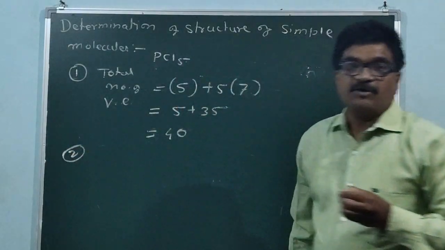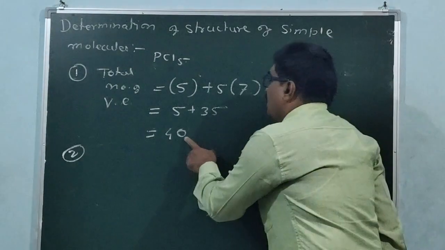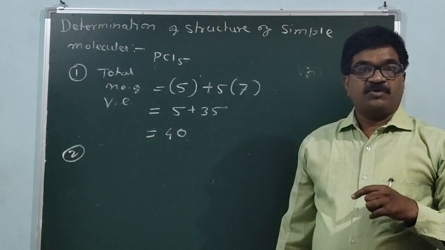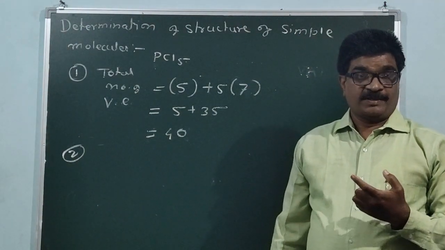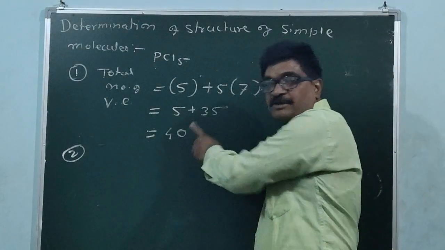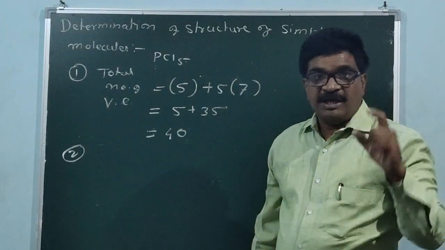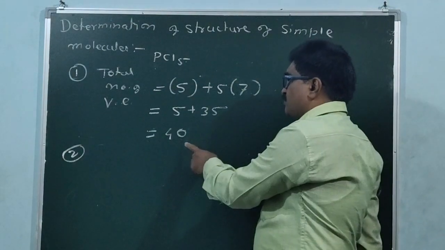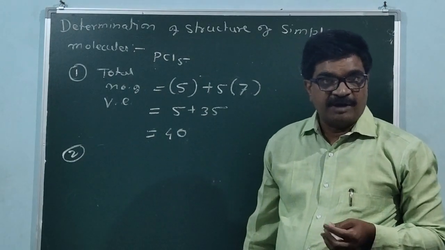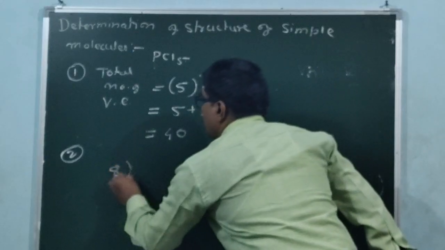Now the next step is to do some arithmetic. If this total number of valence electrons is 8 or less than 8, then we have to divide it by 2. But if this number is more than 8, then it is to be divided by 8. This total, 40, is more than 8, so let us divide 40 by 8.